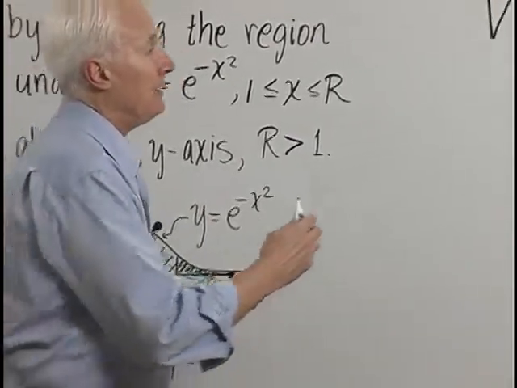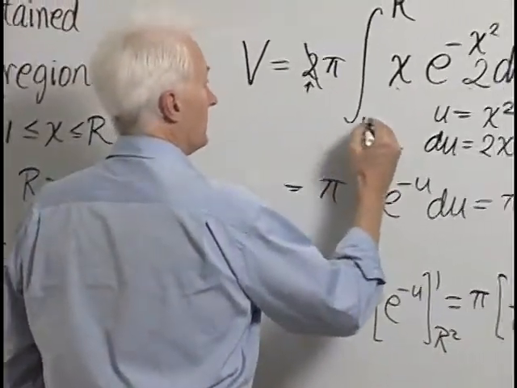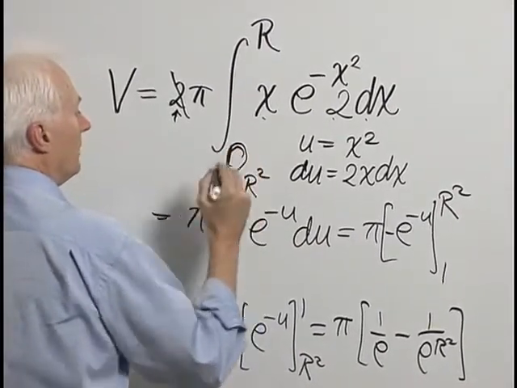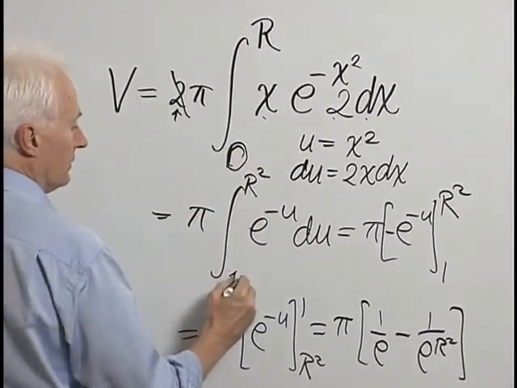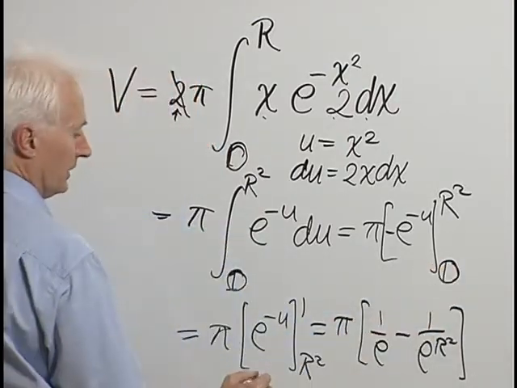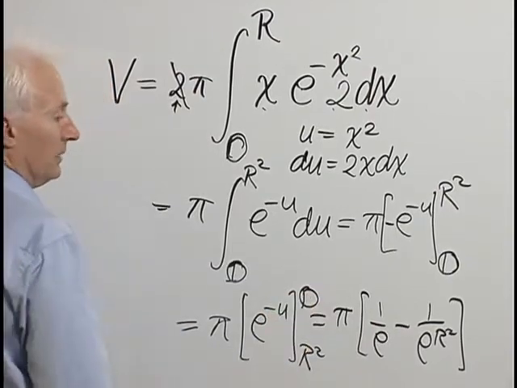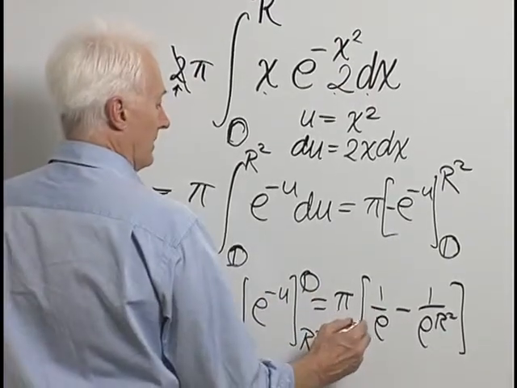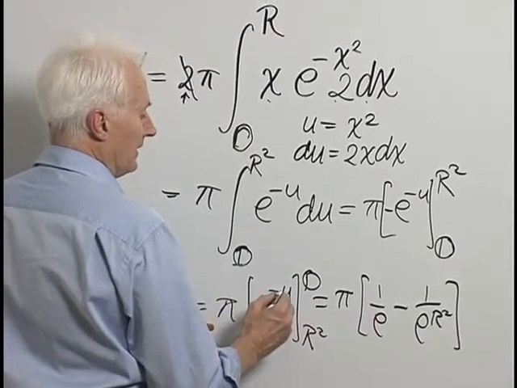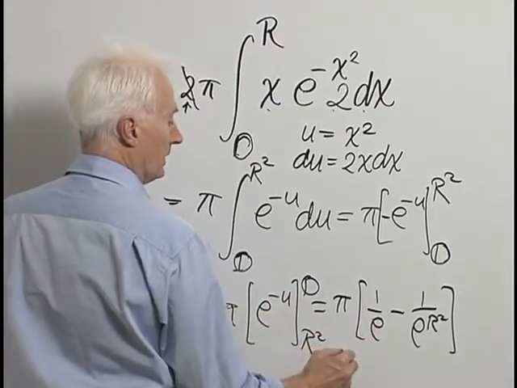It would be the same exact integral, except now instead of going from 1 to R, I would replace this 1 by a 0. And so this 1 would be a 0. This 1 would be a 0. This 1 would be a 0. And instead of getting 1 over e here, we would have e to the negative 0, which is simply 1.